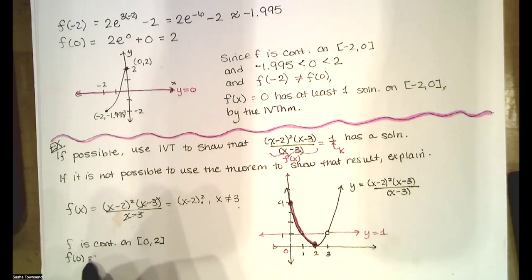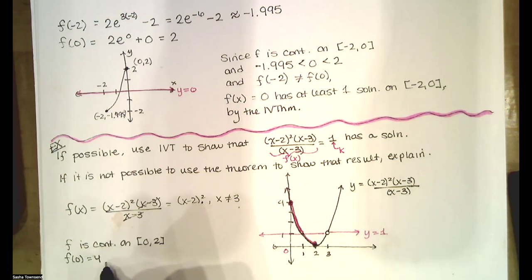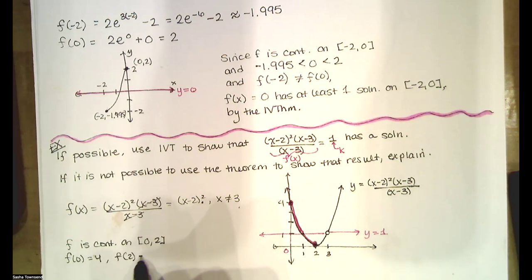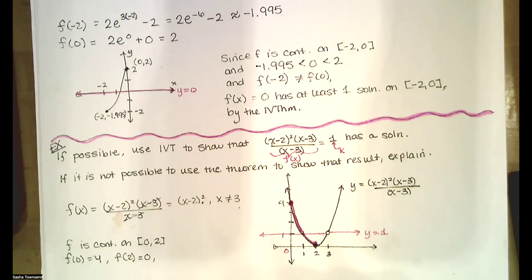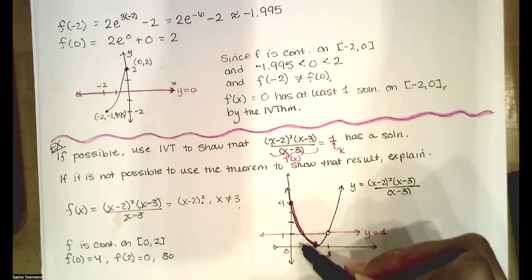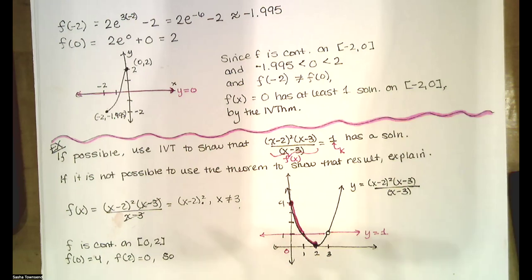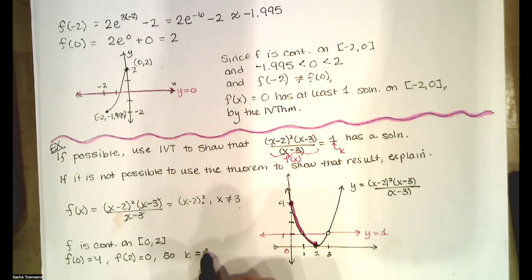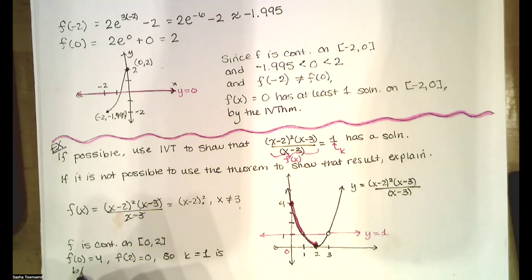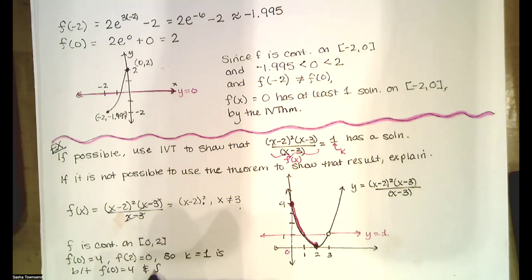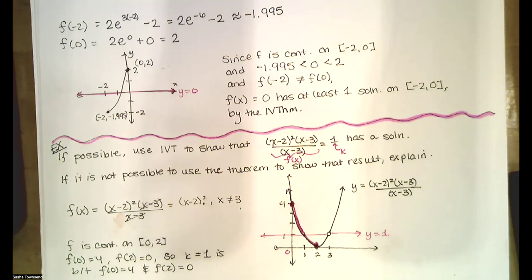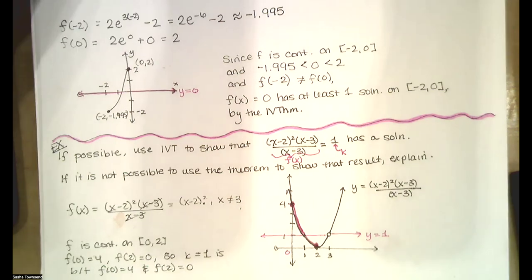f of 0 is equal to 4. f of 2 is equal to 0. So our k value is between f of 0 and f of 2. k equals 1, that's between this 0 and 4. So that means our theorem holds.